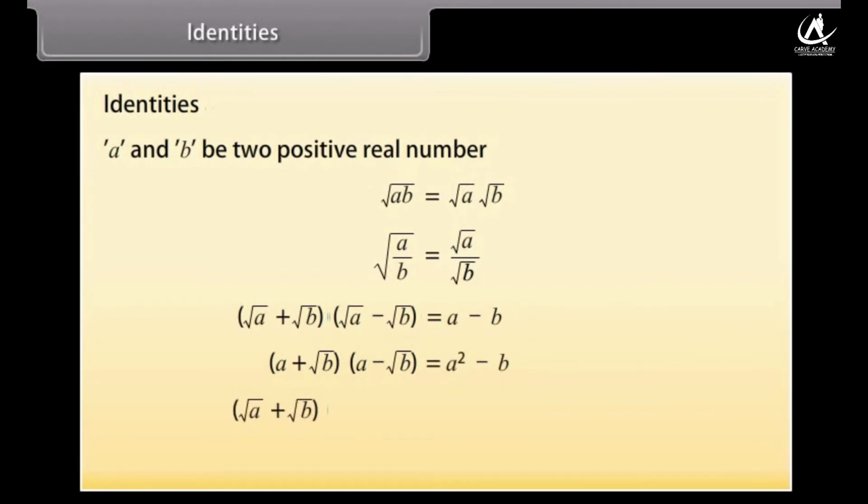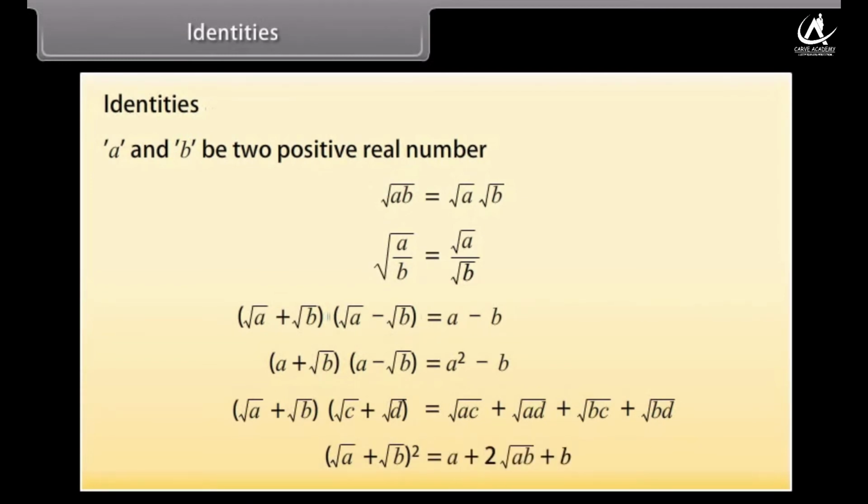Square root of a plus square root of b into square root of c plus square root of d is equal to square root of AC plus square root of AD plus square root of BC plus square root of BD. Square root of A plus square root of B whole square is equal to A plus 2 square root of AB plus B. We can use these identities to solve many expressions.